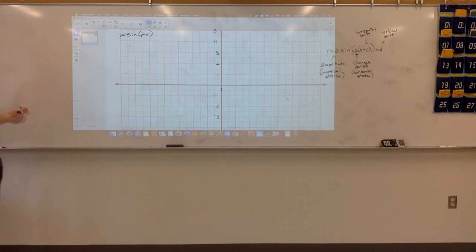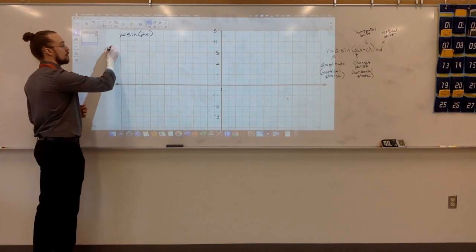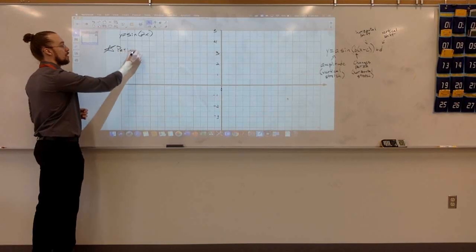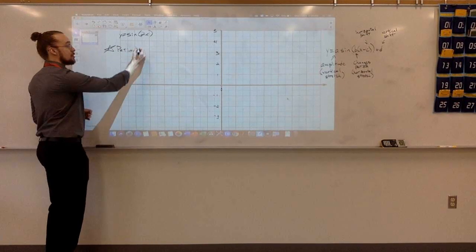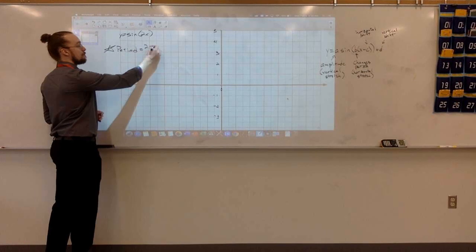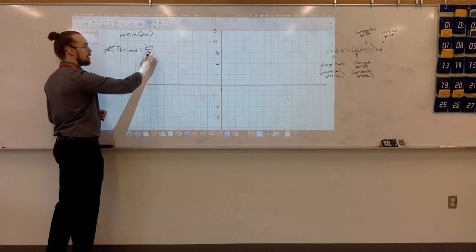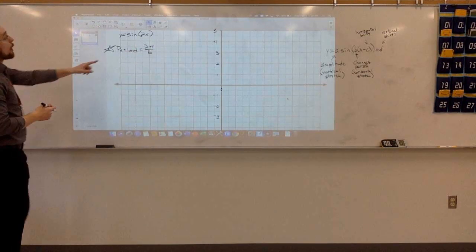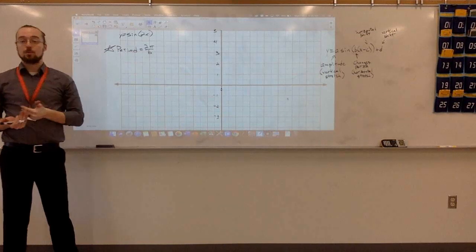The way we find our new period, you may star this in your notes. Period is just equal to 2 pi divided by the B value. Right? So in this case, my B value is 2.